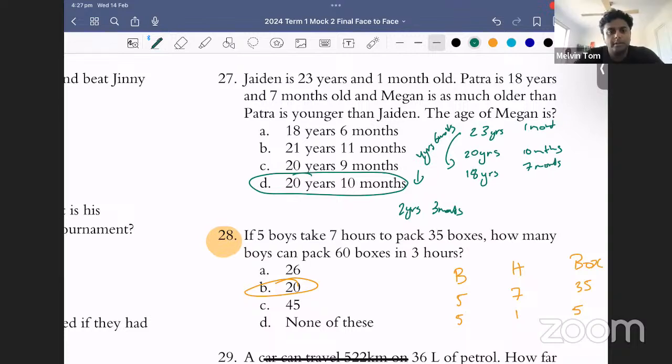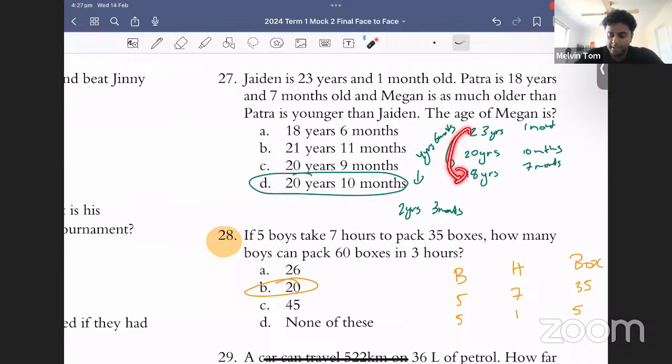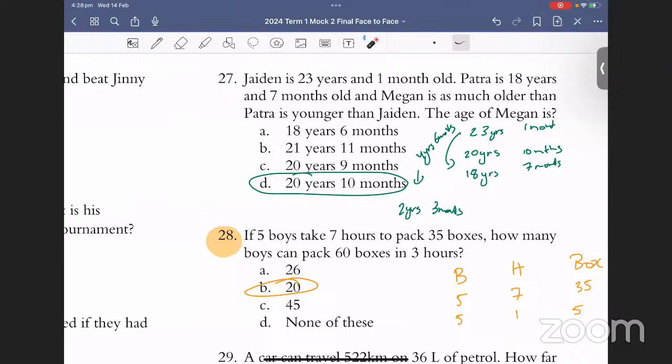Melvin, why do you have to divide 4 years and 6 months by 2? Because that's the difference between Jaden and Patra. Megan's age is exactly in the middle. That's why. Okay, thank you.